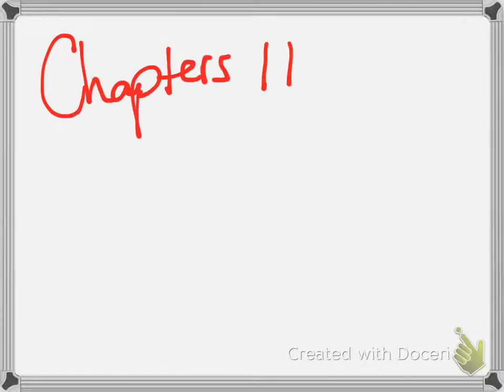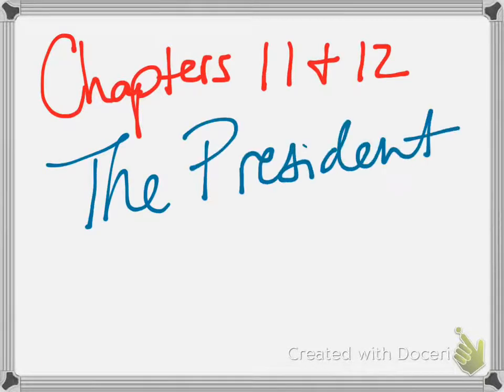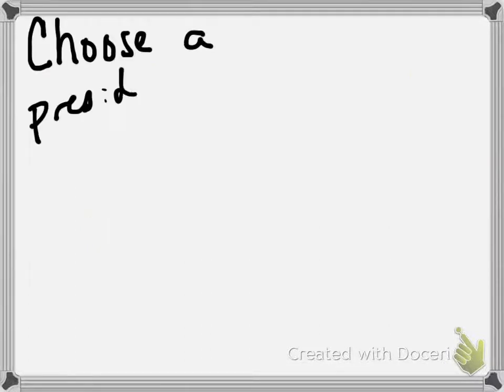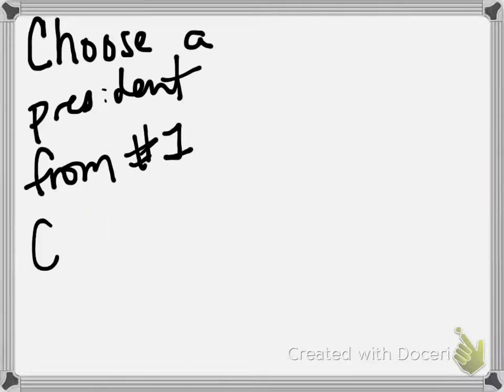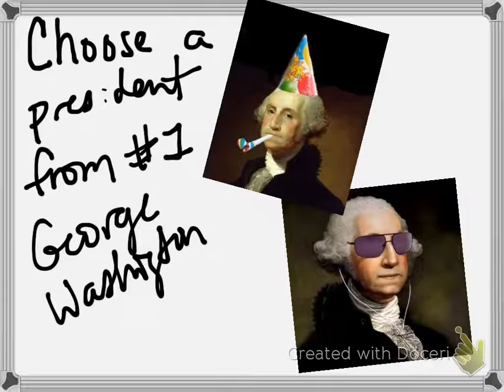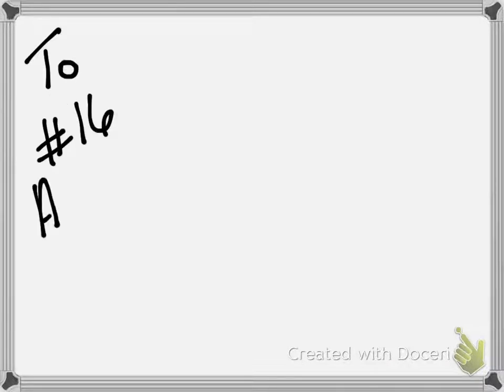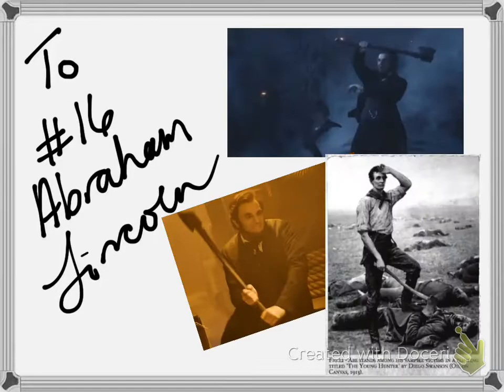Let's take a look at our chapters 11 and 12 project on the president. For this project, what you're going to do is choose a president from number 1, George Washington, those don't look historically accurate, to number 16, the vampire-slaying Abraham Lincoln. Oh wait, he didn't actually do any of that either.